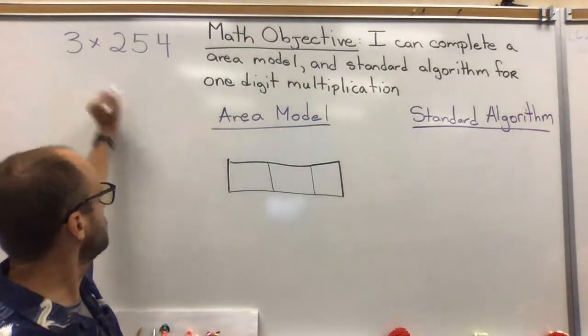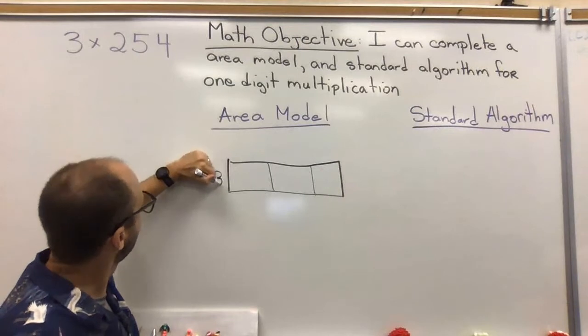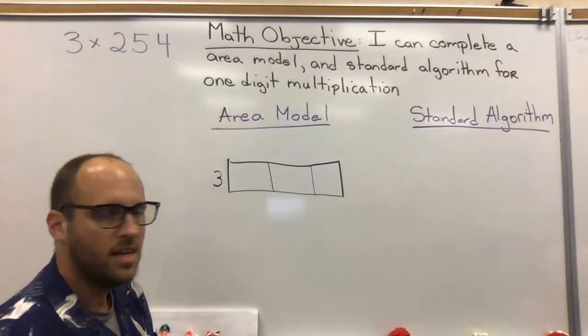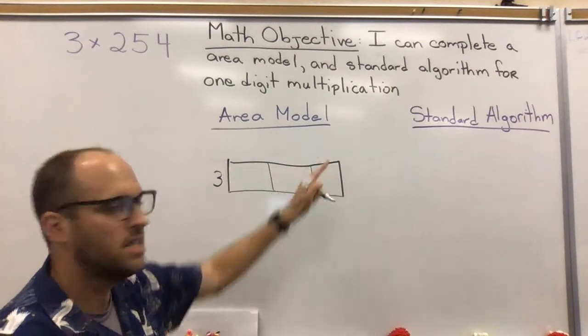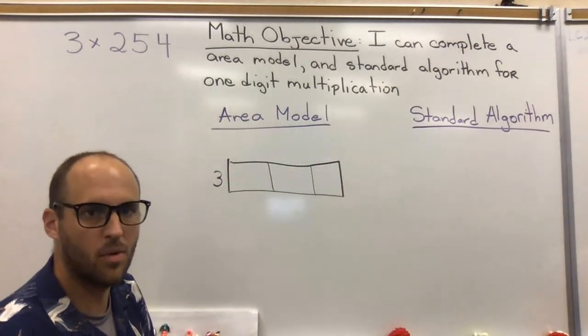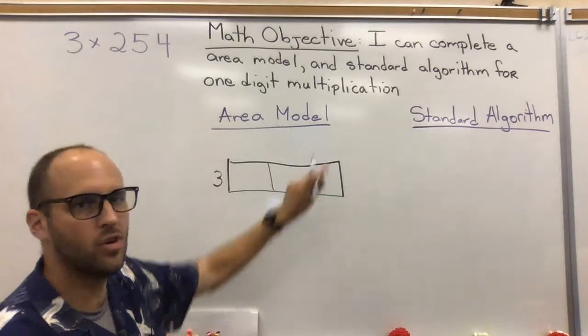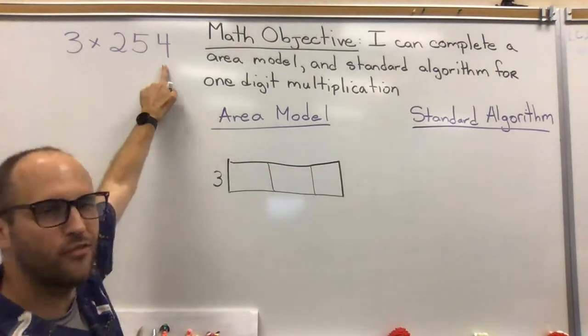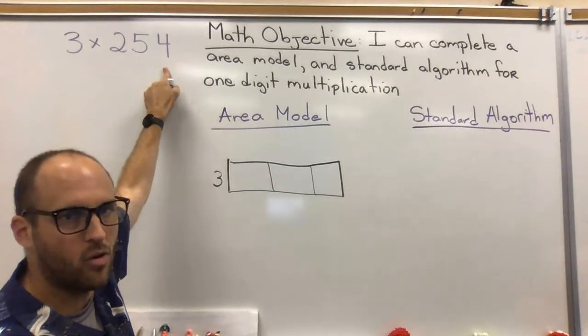I'm going to put this 3 right here outside the box on the left side. Now the top of these boxes is where the 254 goes, but we're not going to write 254. We're going to break it up based off of its place value. So this 4, that's really 4 ones.